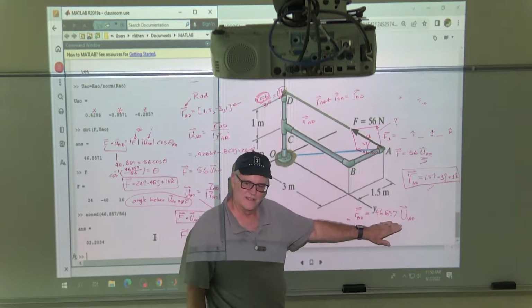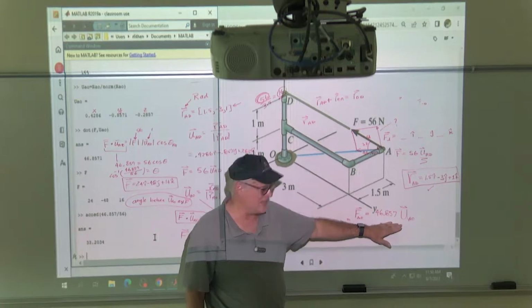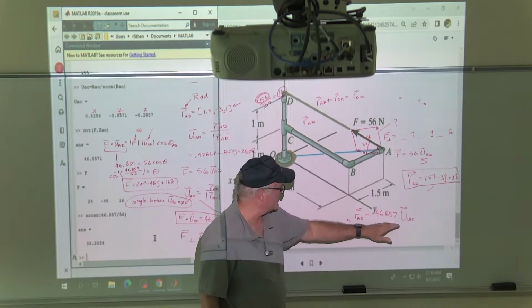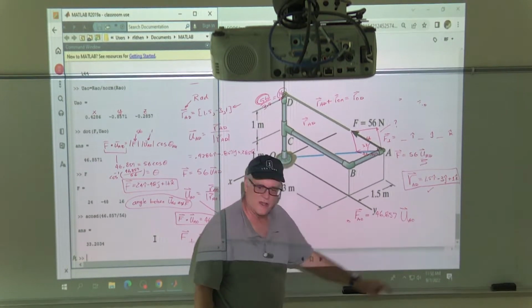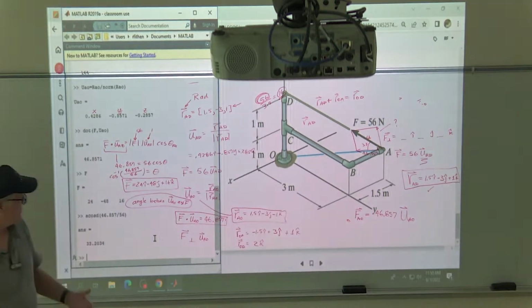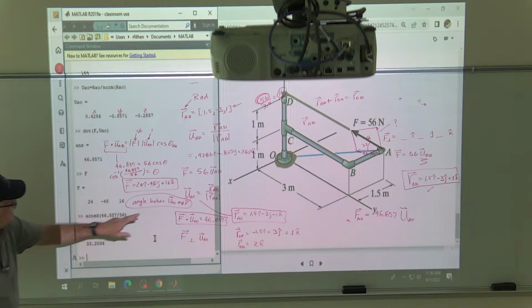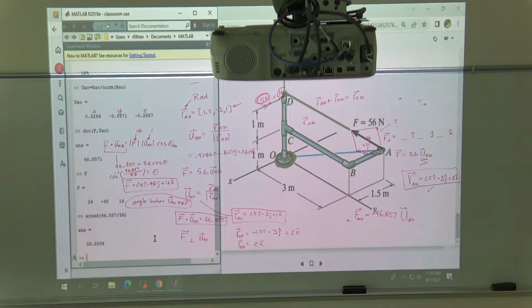Does that make sense? If I had a vector that went down that, and that says 46, if I multiply it times AO, if I found that, guess what? I already have it. Okay, so let's find that.